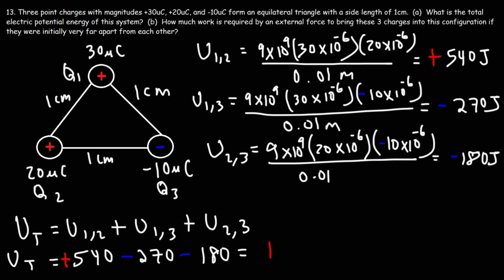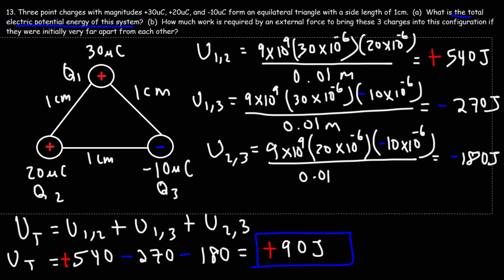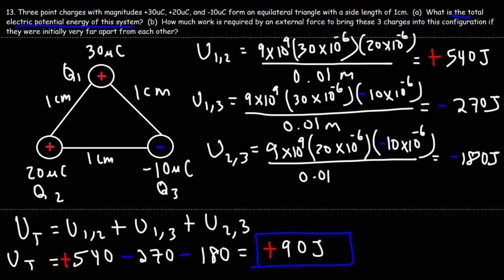So the total potential energy of these 3 charges is going to be positive 90 joules. So that's the answer for part A. That's how you can find the total electric potential energy of the system. Now let's move on to part B.